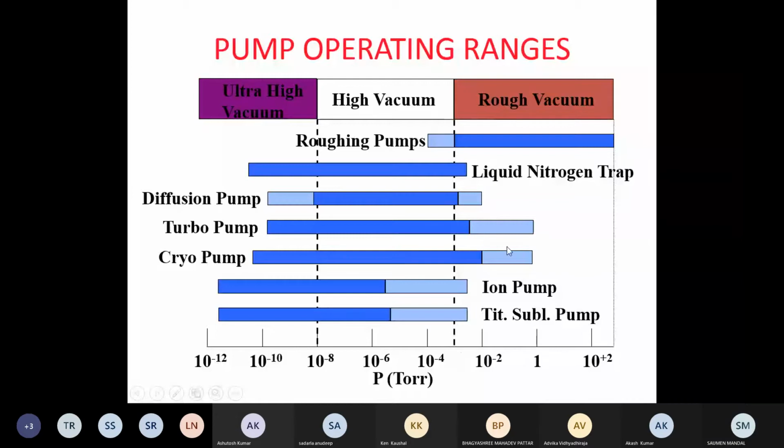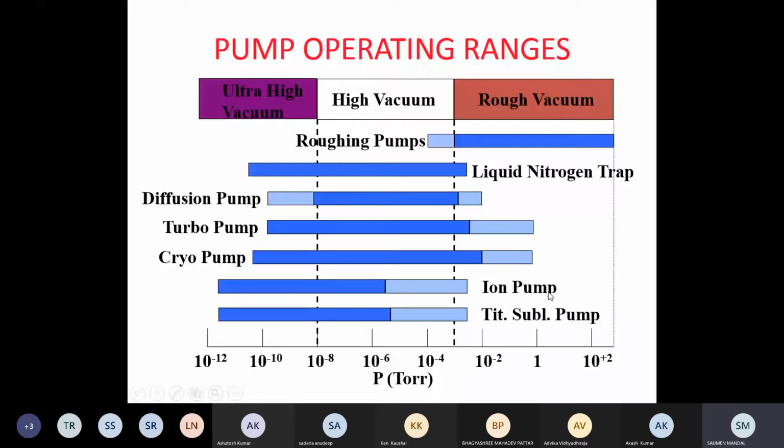Then the high vacuum range, 10 to the minus 3 to minus 8. Here you can see the whole range of pumps coming: liquid nitrogen trap, then diffusion pump, turbo, then cryo. And here the ion pump and titanium sublimation pump have just started, but they can be used easily in this range.